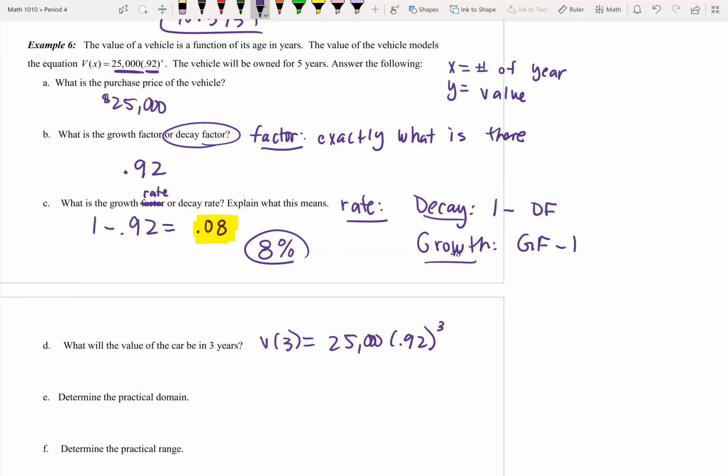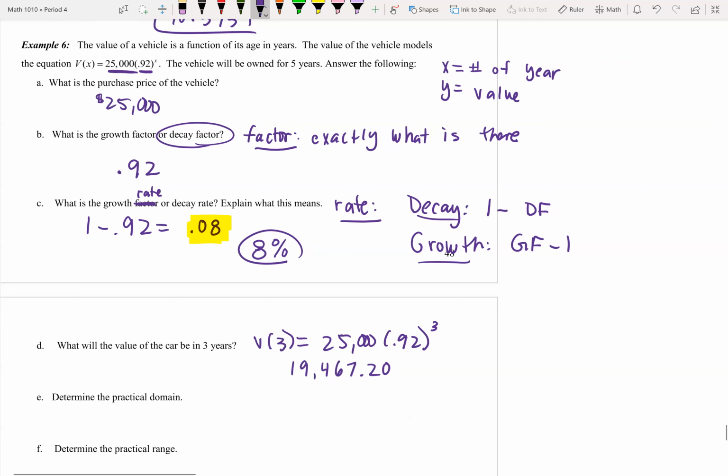Then go 25,000, parenthesis, 0.92, close it, raise it to the memory variable, enter, enter. We're talking about money. So please don't say 19,467.2. Let's round it to the nearest cent. And where does the dollar symbol go, guys? At the beginning or at the end? At the beginning. Put your dollar sign in and you're done.